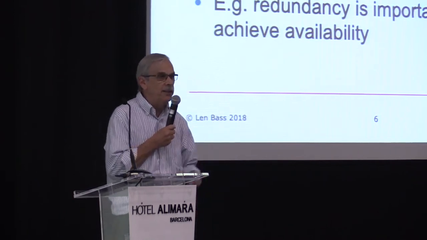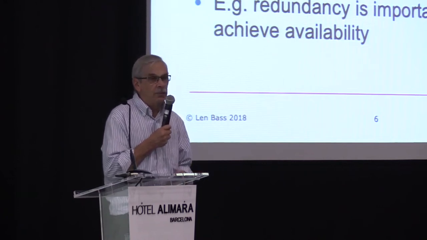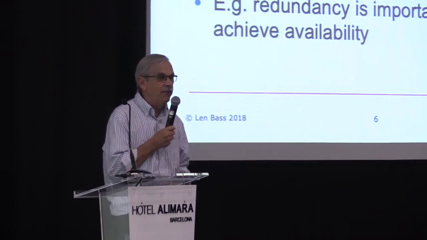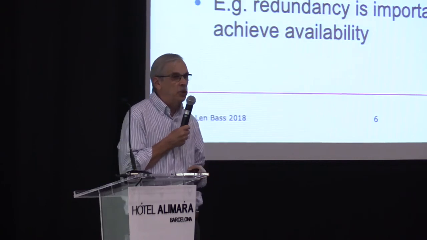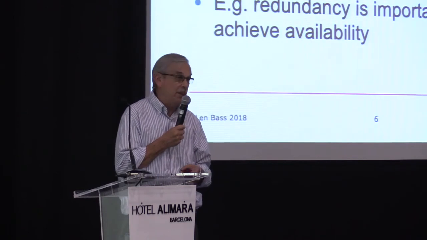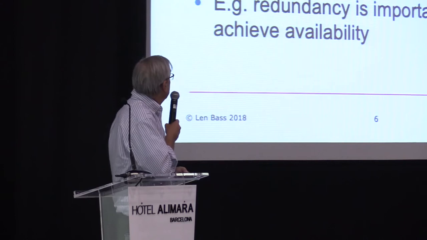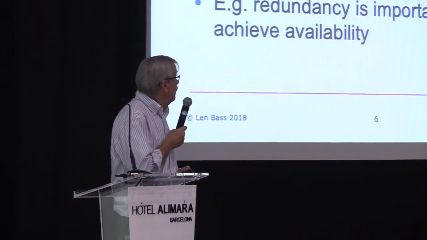You run down the qualities, and you can always add new ones. In English, I don't know about Spanish, but English is a very nice language. You get a new quality by adding "ility" at the end of the old one, and that's a new quality, and then you say, okay, how do I achieve that? And the answer is, I don't really know, but let me ask somebody that built a system that does that, and you end up with catalogs, and we called these things tactics when we did this.